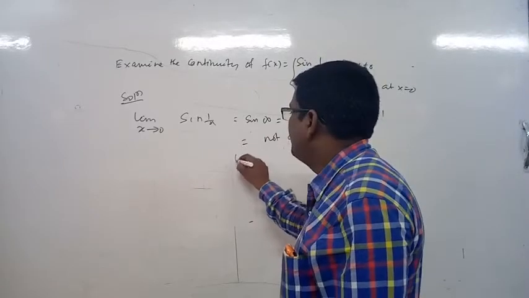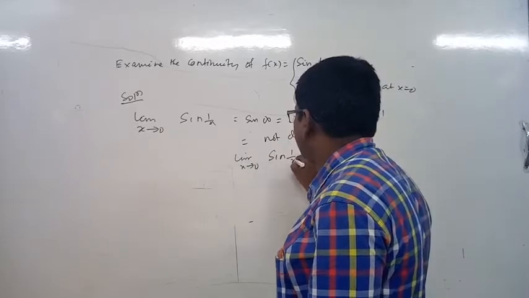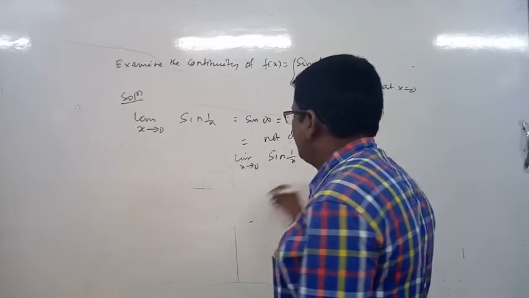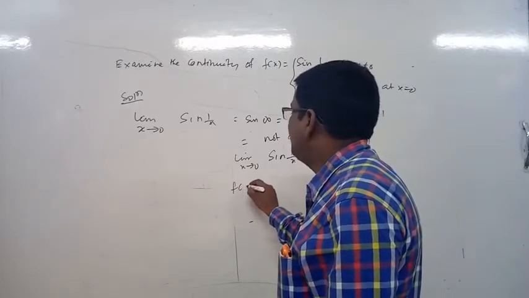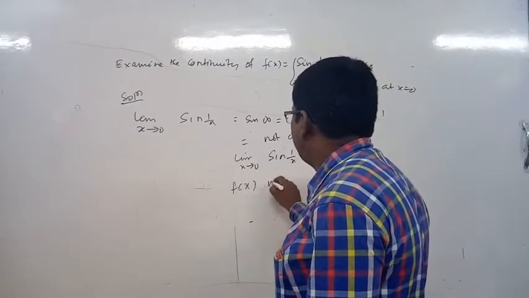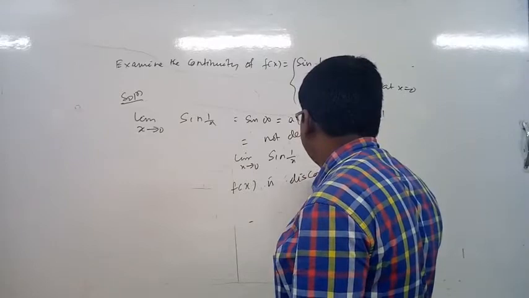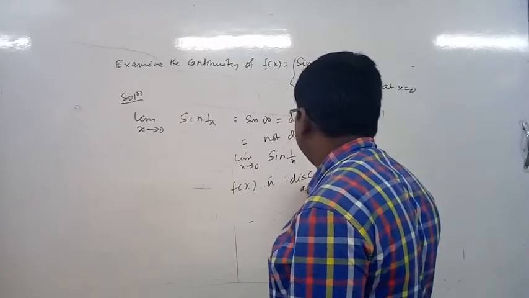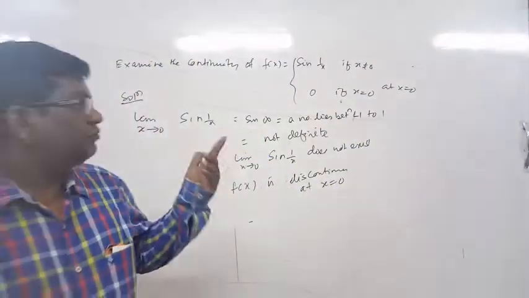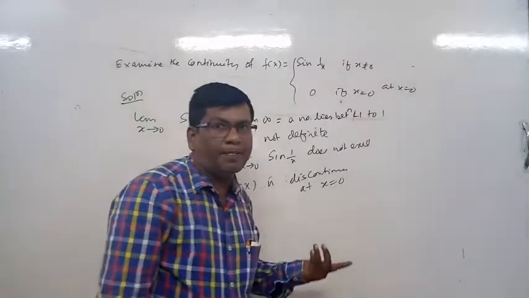So limit x tends to 0, sin 1 by x does not exist. So f of x is discontinuous at x is equal to 0. Another method we can do using the Sandwich theorem. You can do. Clear?